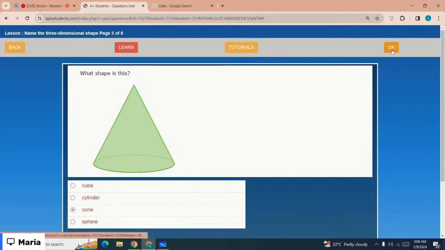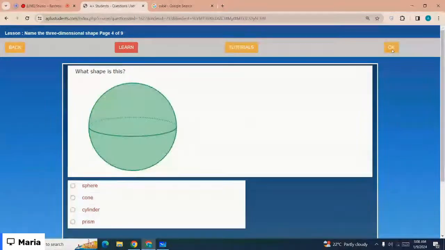What shape is this? Which is the correct option? Yes, very good. That is a sphere. The correct option is sphere.